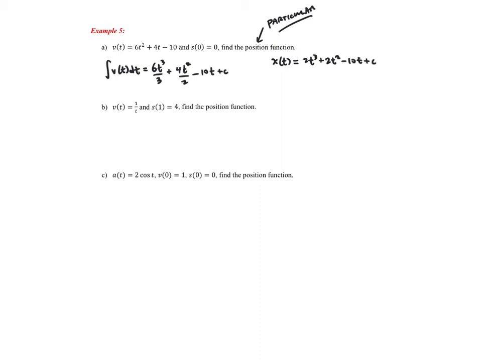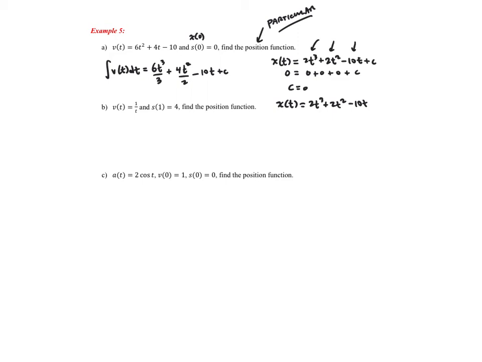Since x of 0, or s of 0, these two are synonymous with each other, equals 0, then clearly if I plugged in a 0 for each of these t values, I would get 0 plus 0 plus 0 plus c. Therefore, c equals 0, and thus our particular position function would equal 2t cubed plus 2t squared minus 10t.